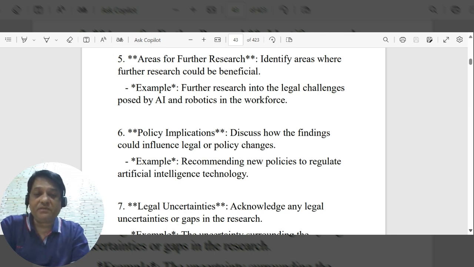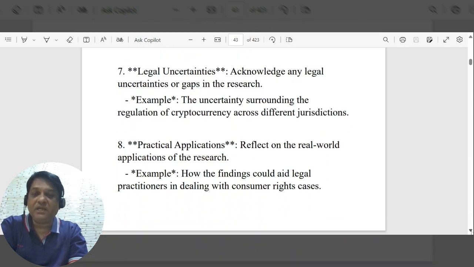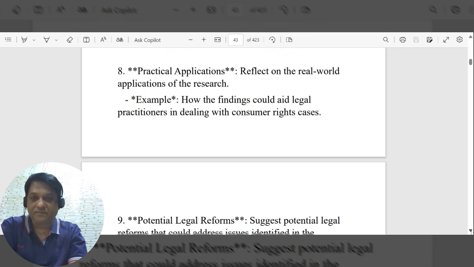Policy implications, discuss how the findings could influence legal or policy changes. Example, recommending new policies to regulate artificial intelligence technology. Legal uncertainties, acknowledge any legal uncertainties or gaps in the research. Example, the uncertainty surrounding the regulation of cryptocurrency across different jurisdictions.